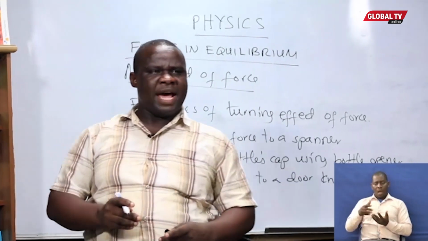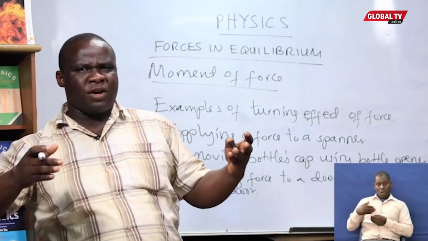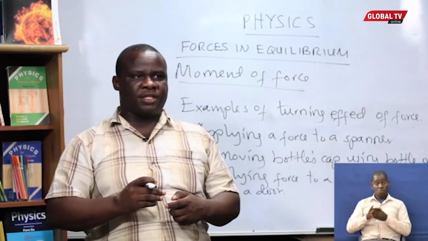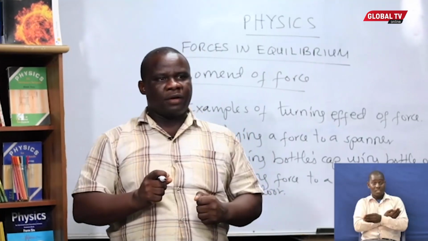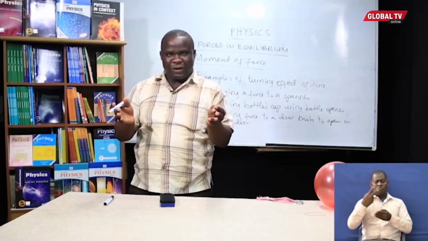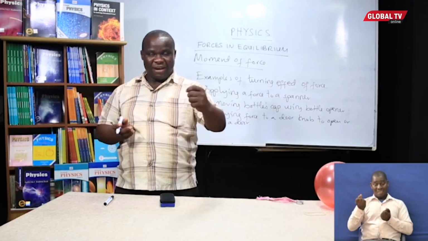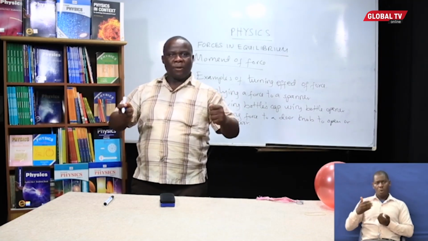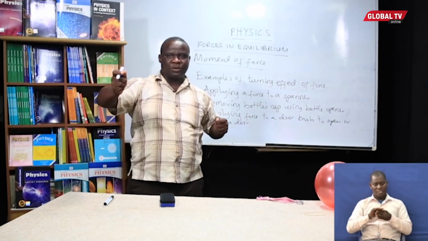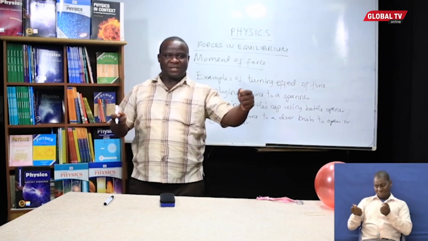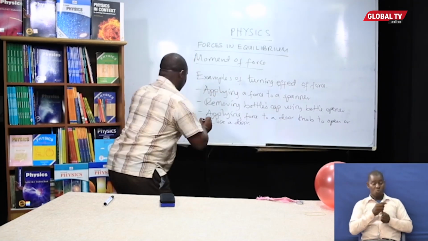Apart from this, we also have a person applying force to a rim to turn a car steering. I think every one of us knows the car. A driver, if he is driving, when he wants to turn, whether left or right, applies force to a rim or steering.